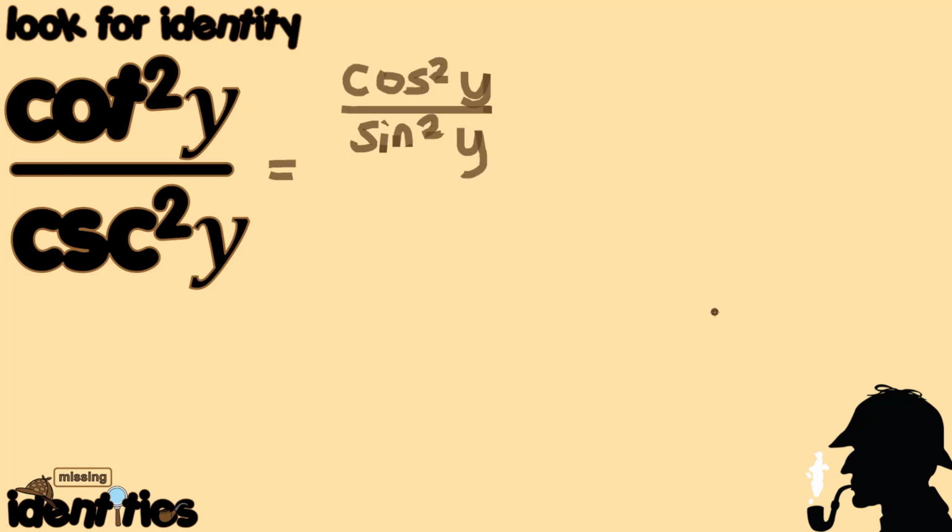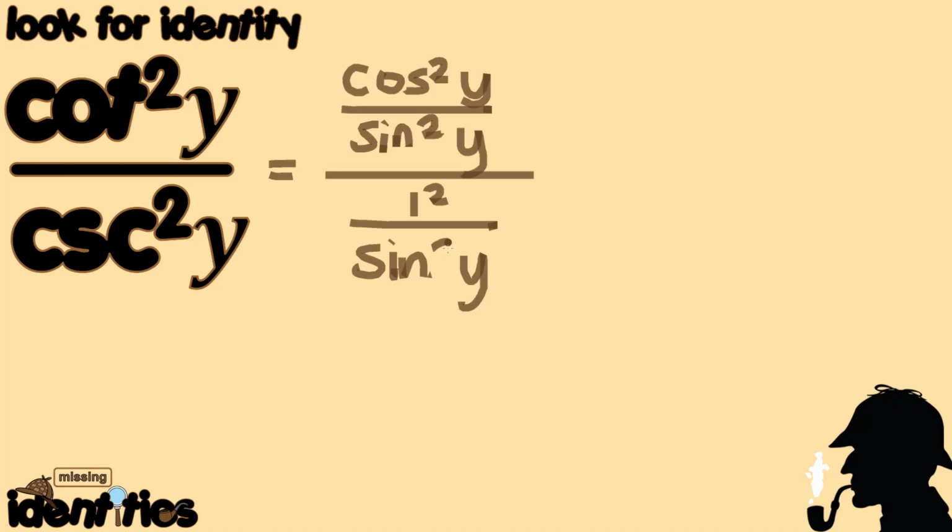Now let's proceed to the cosecant squared y. The cosecant y is expressed as 1 over sine y, because cosecant y is the reciprocal of sine y. But then again, do not forget that the given is cosecant squared of y. This would mean that we're going to place square here and square as well.